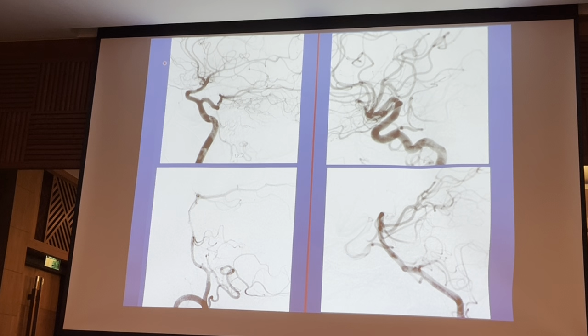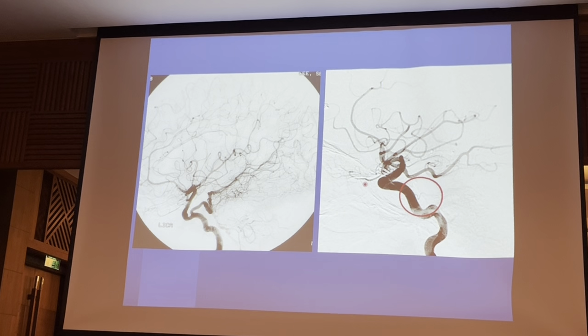This is a large trigeminal artery. You don't need the basilar artery to carry a larger flow, so the proximal basilar artery is very small. And this is the distribution. Here the basilar artery caliber is as big as we usually see in cases supplying both posterior cerebral arteries, with only a tiny trigeminal artery.